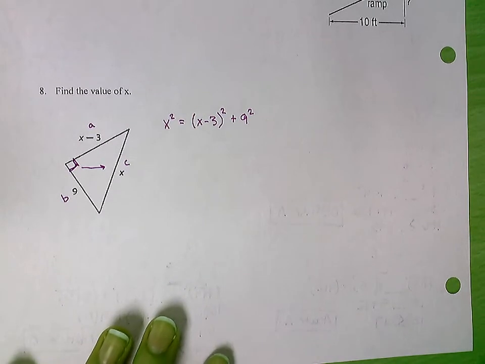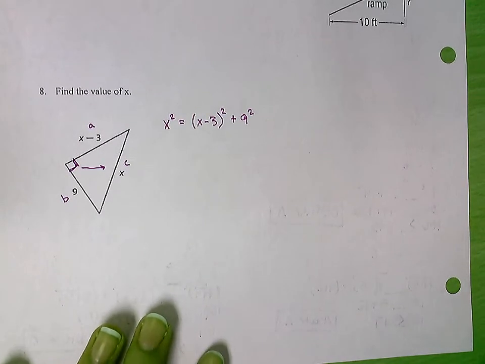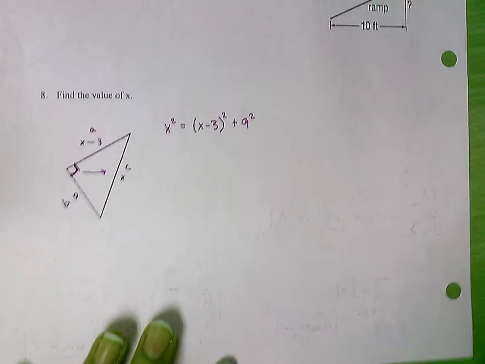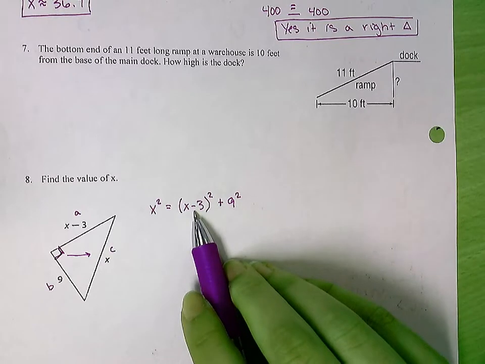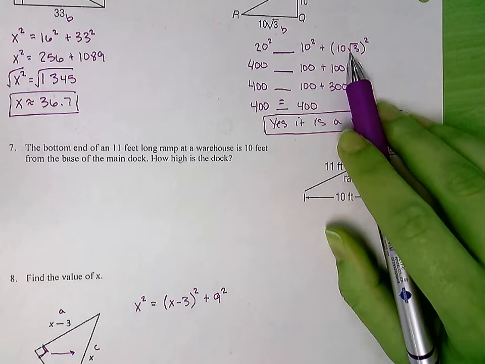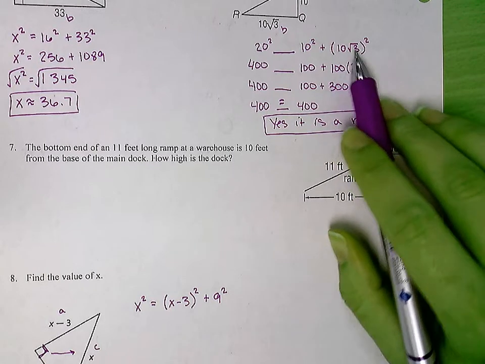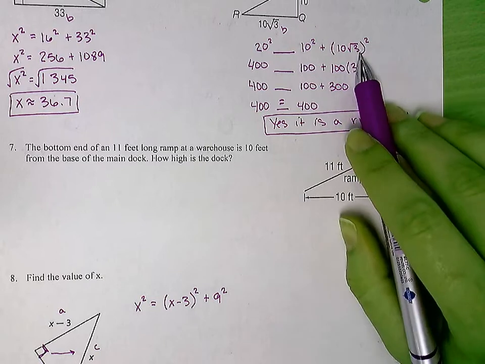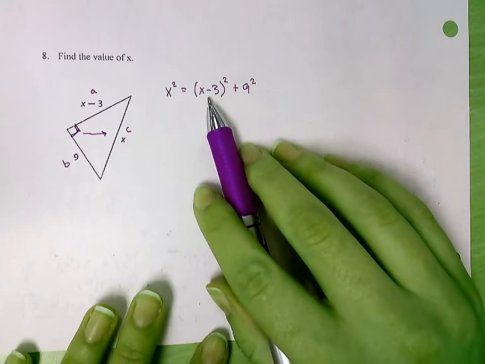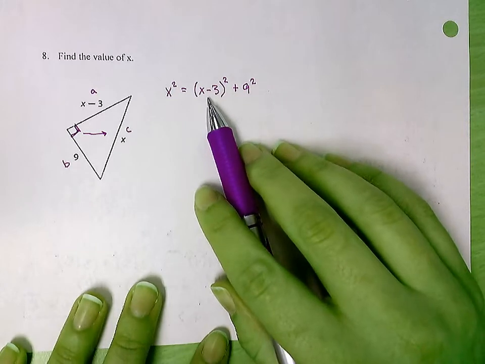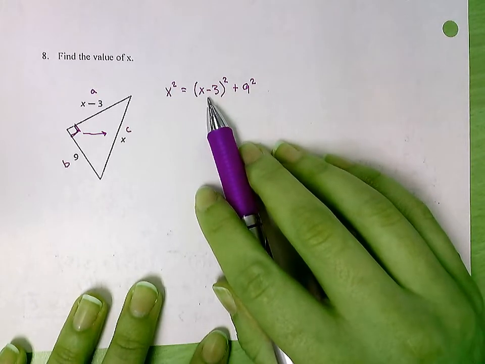There's a negative sign? Yep. There's a subtraction sign. So yes, there's a negative sign, but there's a subtraction symbol right here. These two are multiplied together. Since these two are multiplied together, I can distribute my square. But since there is addition or subtraction in this one, you cannot distribute your square.